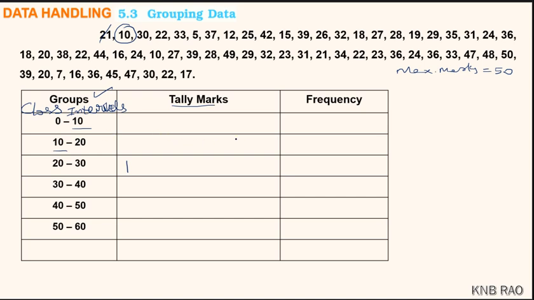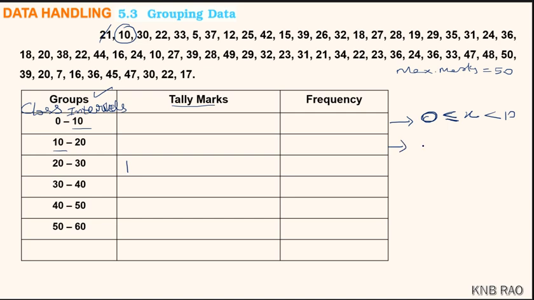Now we will have a convention. What is the convention? This group, class interval, what does it mean? Let me tell you. Whichever marks, let me say x, are equal to 0 or more than 0 but less than 10 will come under class interval 0 to 10.